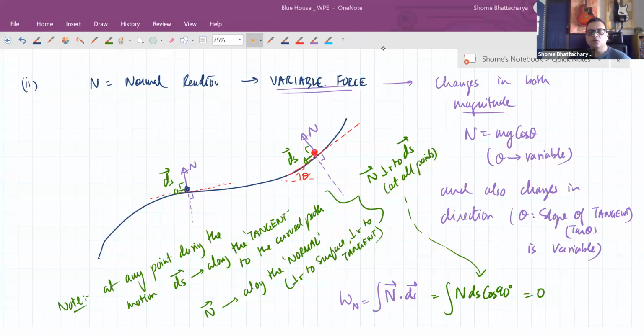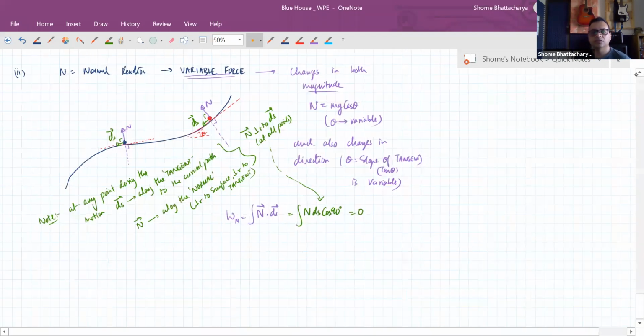Okay. I mean, this is not a general rule. It doesn't mean that work done by normal reaction will always be zero. But yes, in a case where a body is sliding down a surface, it could be a rough surface, it could be a smooth surface, it doesn't matter. It could be a regular inclined plane with fixed angle theta, or it could be a curved inclined surface like we've discussed here. The work done in such cases by normal reaction will be zero. Okay, so this is something very important.